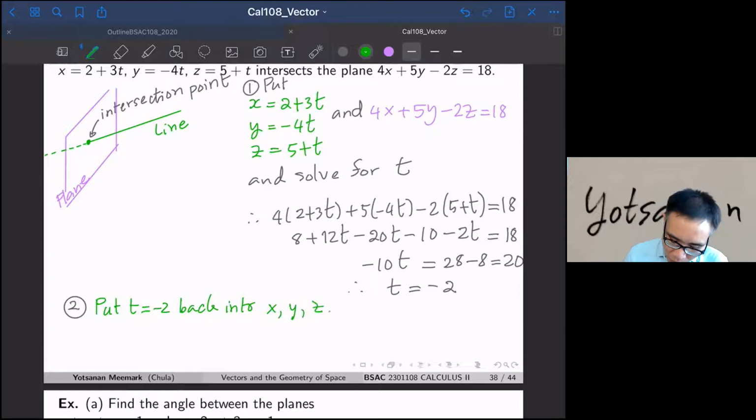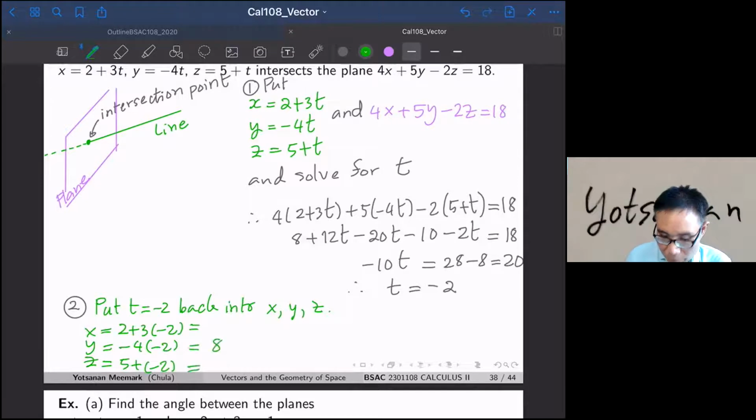So you would get x equal to 2 plus 3 times negative 2, y equal to negative 4 times negative 2, and z equal to 5 plus negative 2. So it's going to be 8 for y, negative 4 for x, and 3 for z.